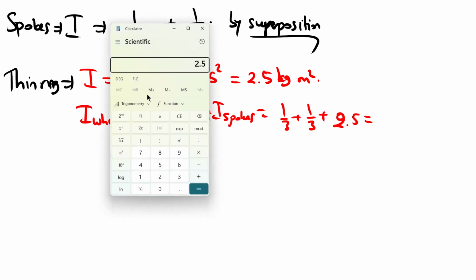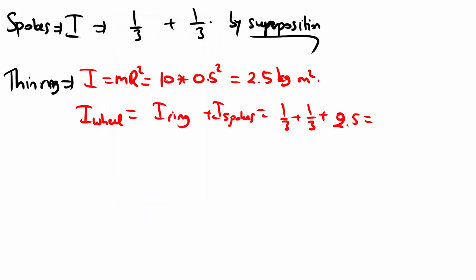So 2.5 plus 0.67 is 3.17. But this is with respect to the central axis.